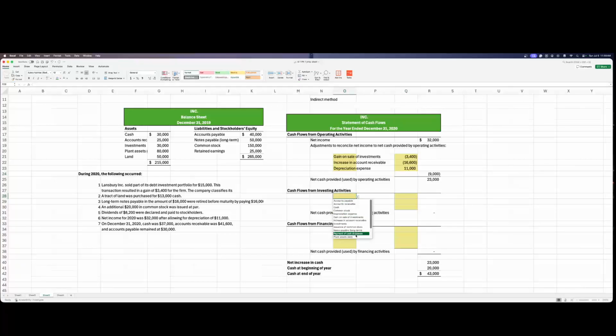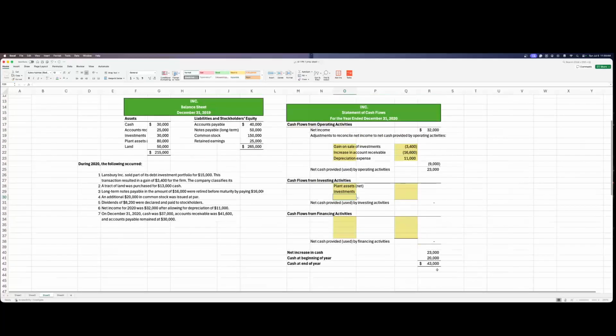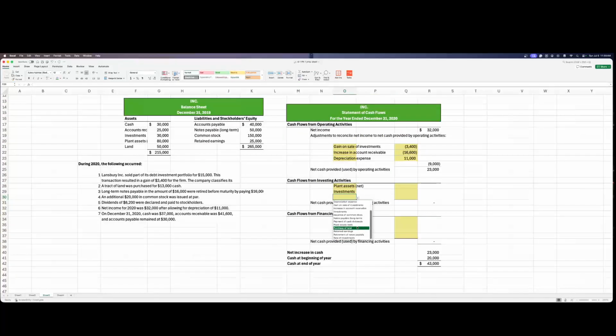We got the plant assets, investing activities, investments, and that's it. Sale of investments, plant assets, 80,000.